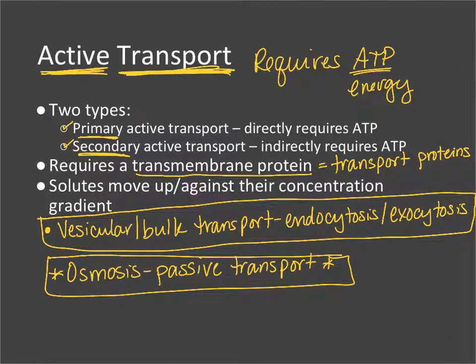But the big difference between active transport and facilitated diffusion is that these solutes are going to move up, or against, the concentration gradient. So remember that in facilitated diffusion, the solutes were moving down or with the concentration gradient. In active transport, the solute is getting moved against its concentration gradient.